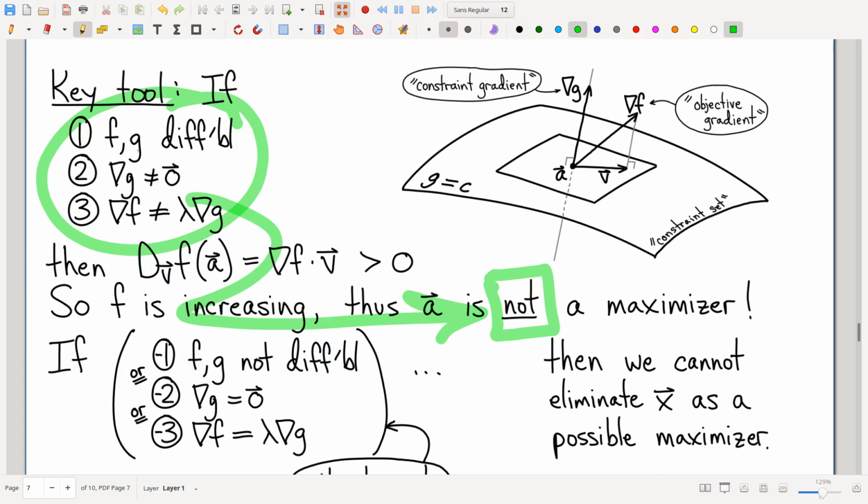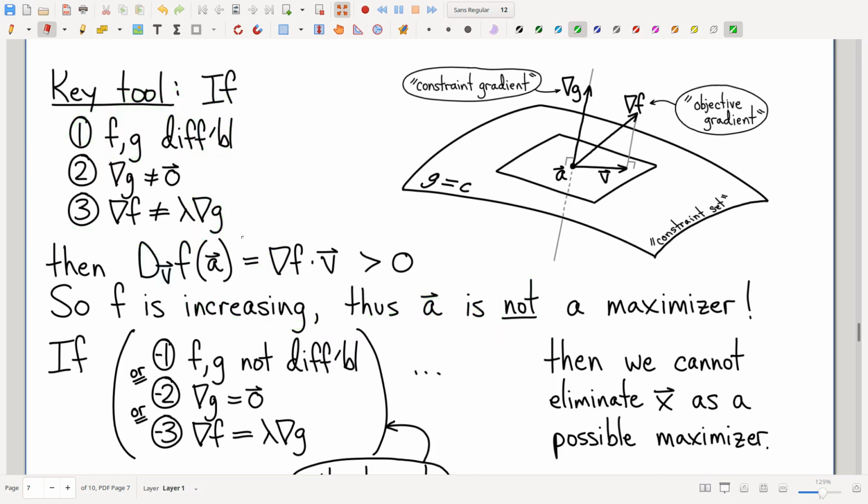The conditions: I need both functions to be differentiable so that I can make chapter 2 kind of arguments. That's the first condition. Secondly, I'm going to need the gradient of my constraint function to be non-zero. You'll see why in just a moment.